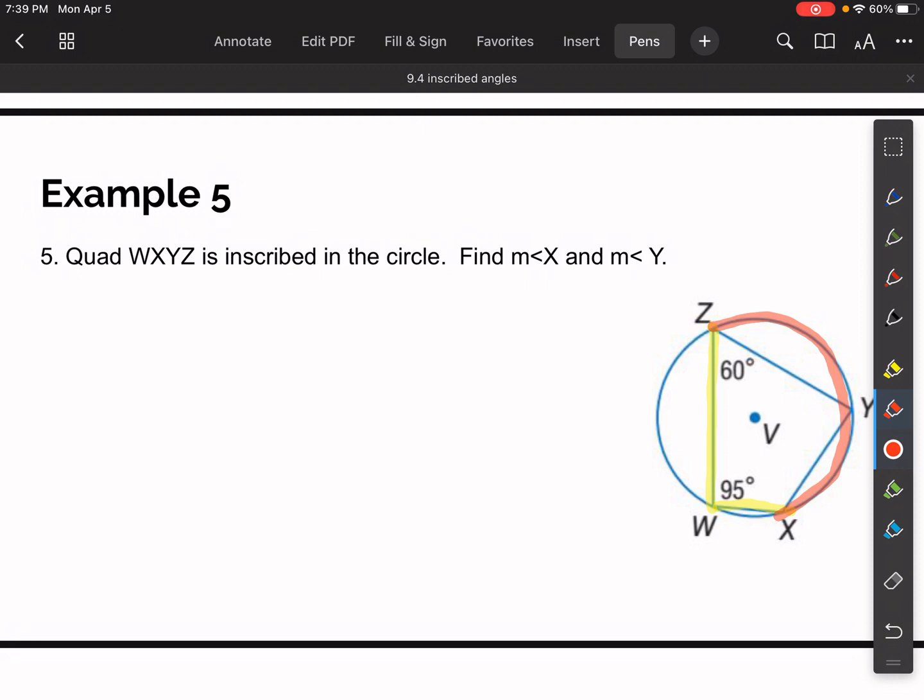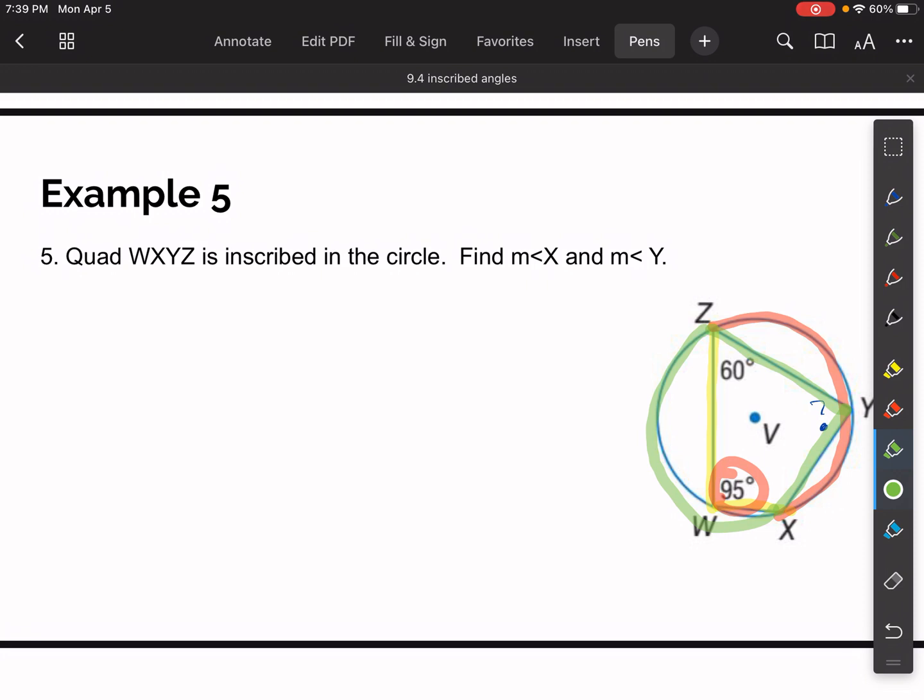I know that arc has to be double this angle, so you can double that out. But then Y, which I don't know, inscribes the rest of the circle.